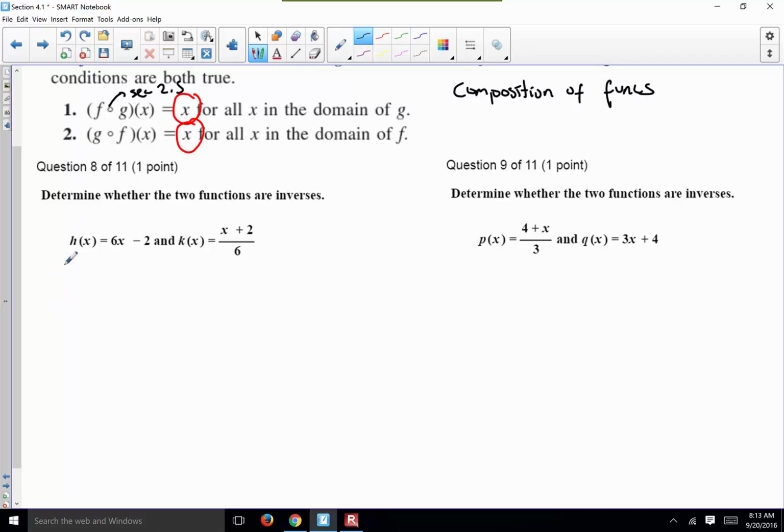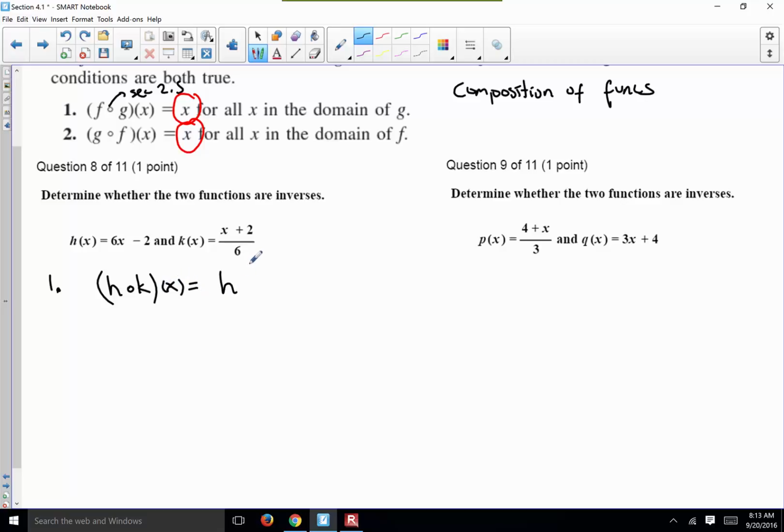I first do F circle G, but our letters change, H circle K. I will do H first. Let's do this. I will do H circle K of X and compute this. H circle K means, what does that mean?